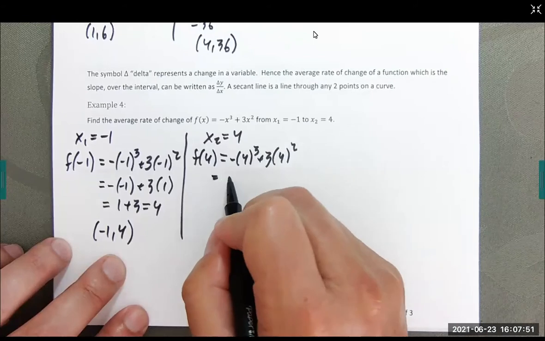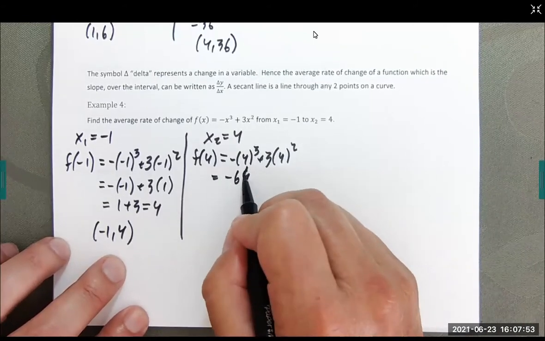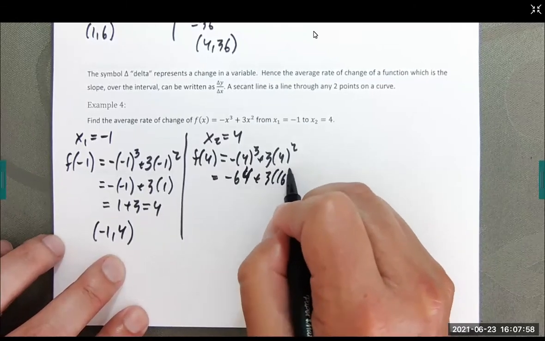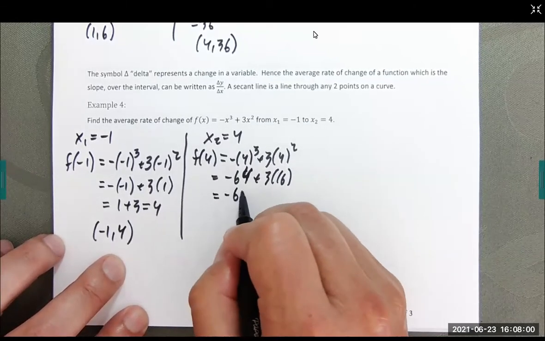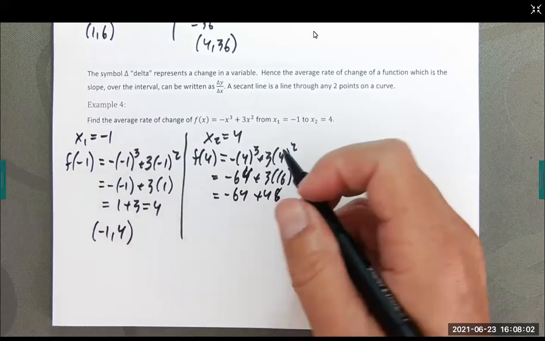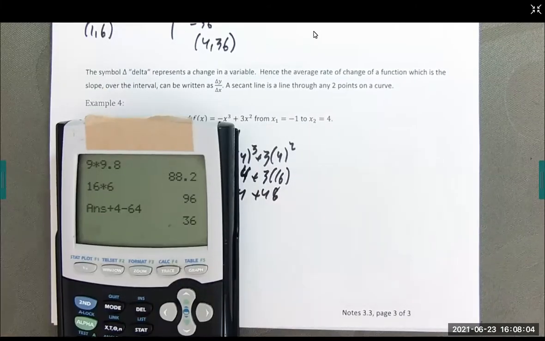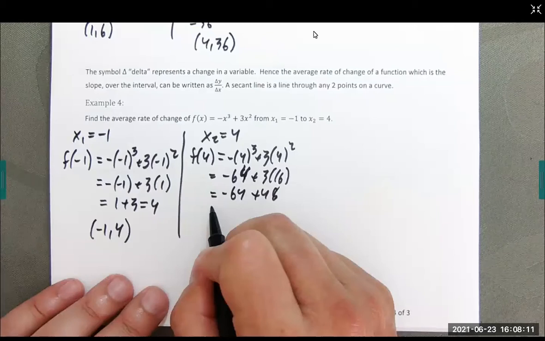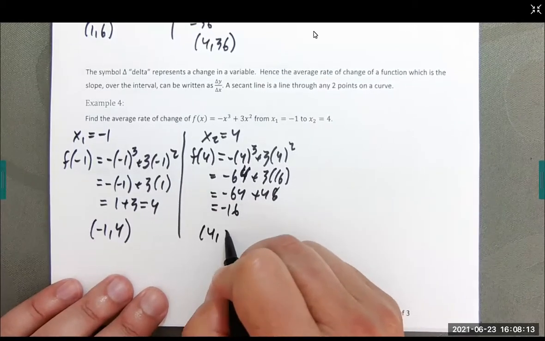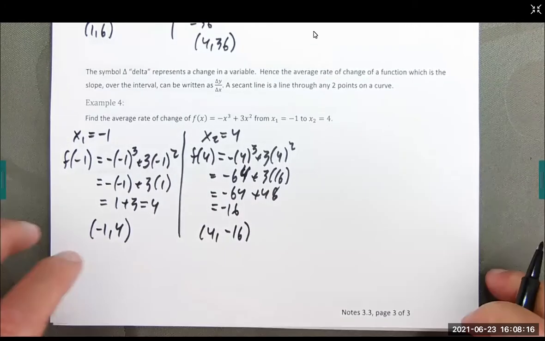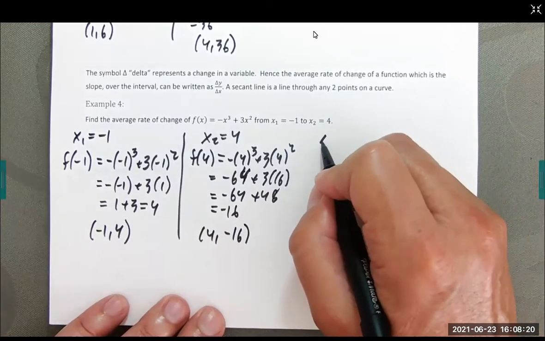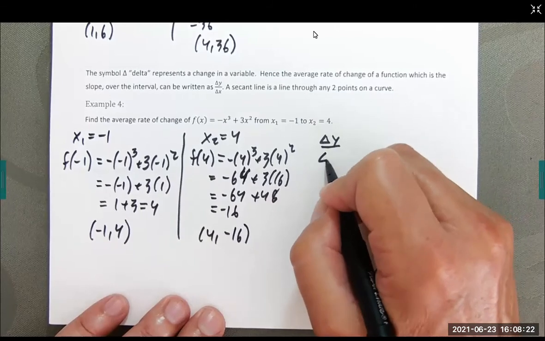So this is -64 plus 3 times 16, which is 48. So -64 plus 48, -16. So (4, -16).